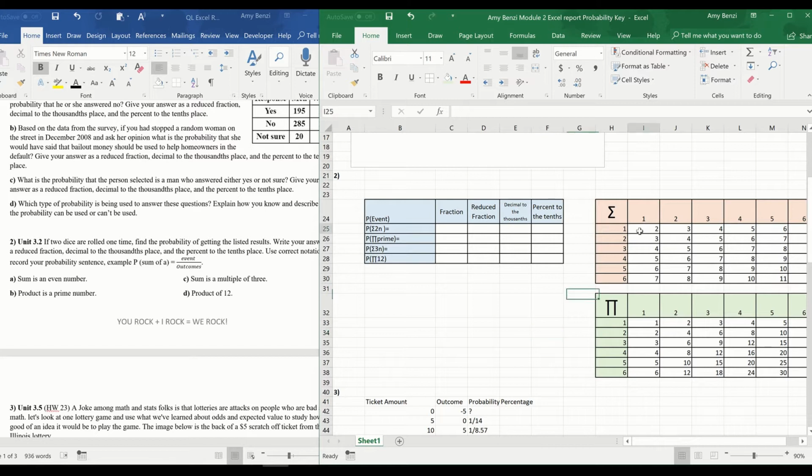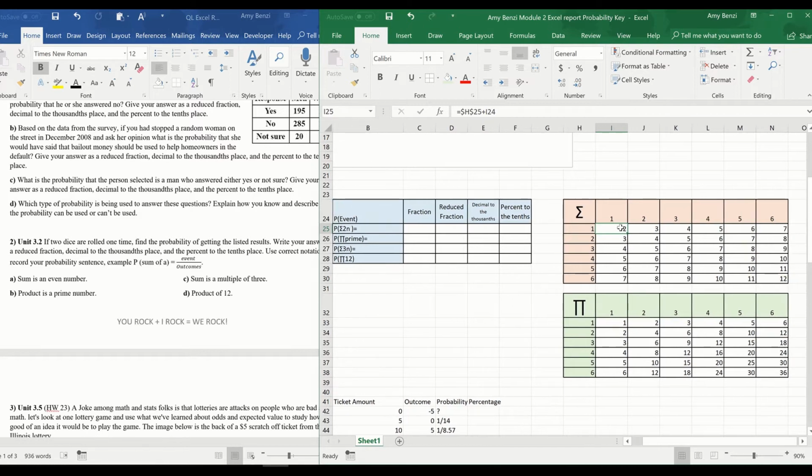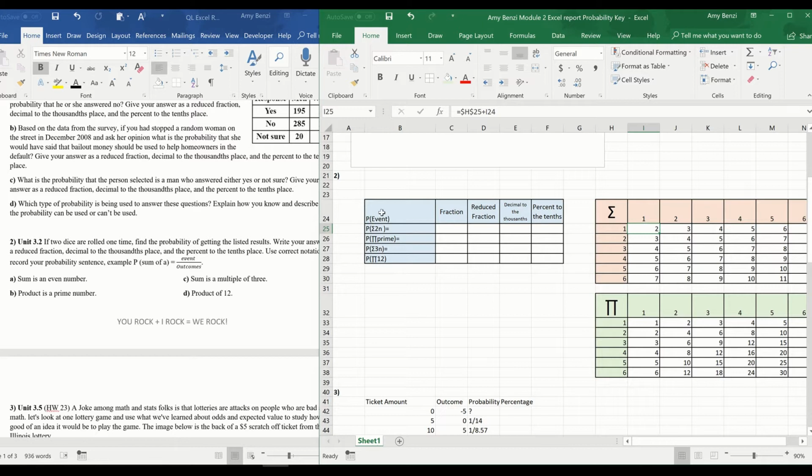So let's see. I'm going to choose every even number that I see in this chart. There's 2. Once I select a number, I can hold the control key down and start. Although I just thought of something. Before I start doing anything, I'm going to need to calculate 2 different sum values and 2 different product values.